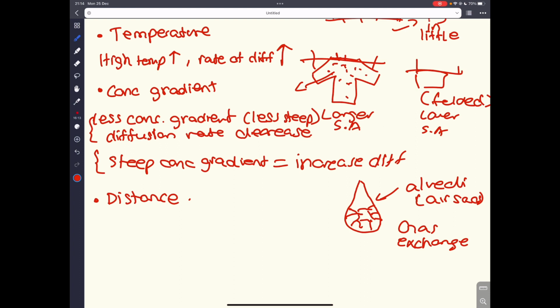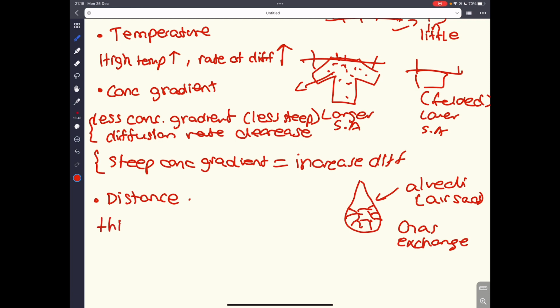Now this means that the diffusion rate is going to increase because diffusion will always increase if the distance is less. However, if the distance is large, and if capillaries were not used as the blood vessel to exchange gas, then the rate of diffusion would essentially be really slow, right?